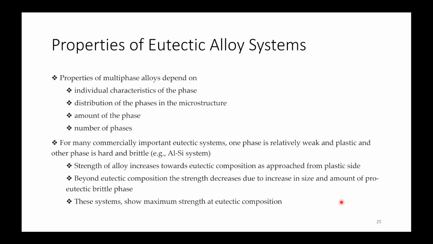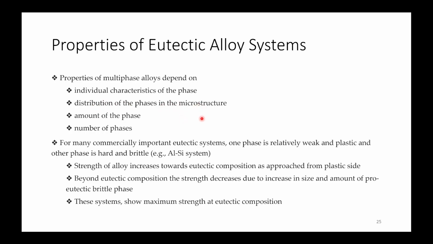Now properties of the eutectic alloy systems. Properties of a multi-phase alloy depend on the individual characteristics of the phases. How hard your phase is, what is the tensile strength and ductility, this will depend, and also how the phases are distributed in the microstructure.